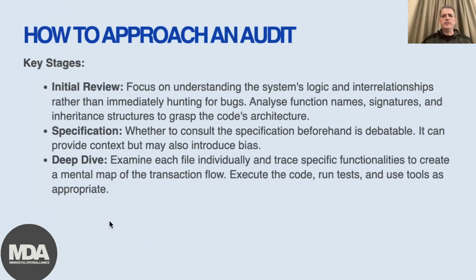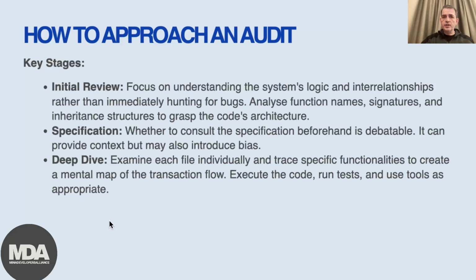So let's look now at how to approach the audit. There are some main stages to the audit process. Initially, you're going to want to focus on understanding the logic of the system and the relationships between different components in the system, and you need to focus on getting this understanding rather than immediately looking for issues.